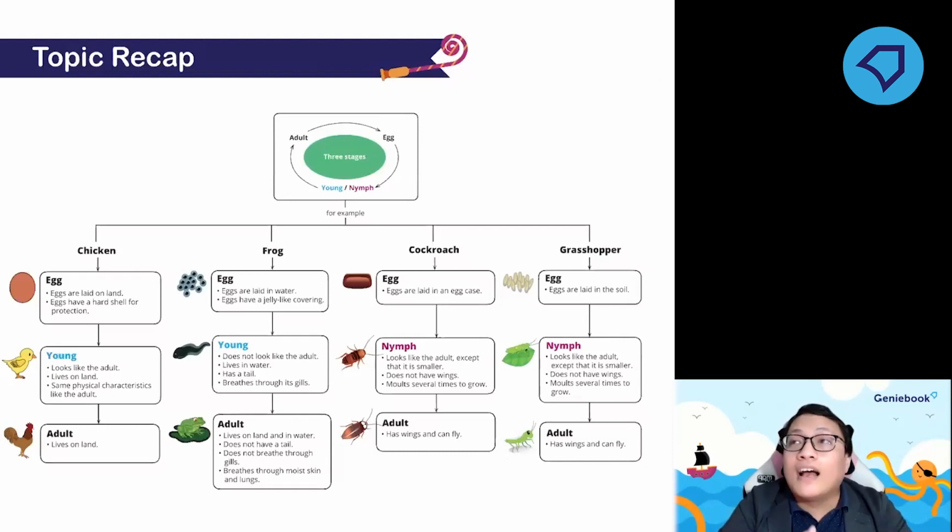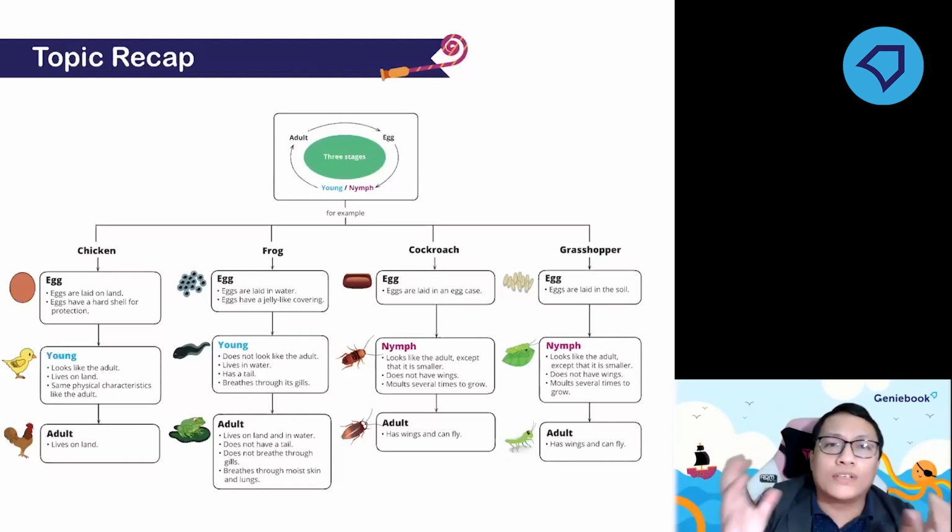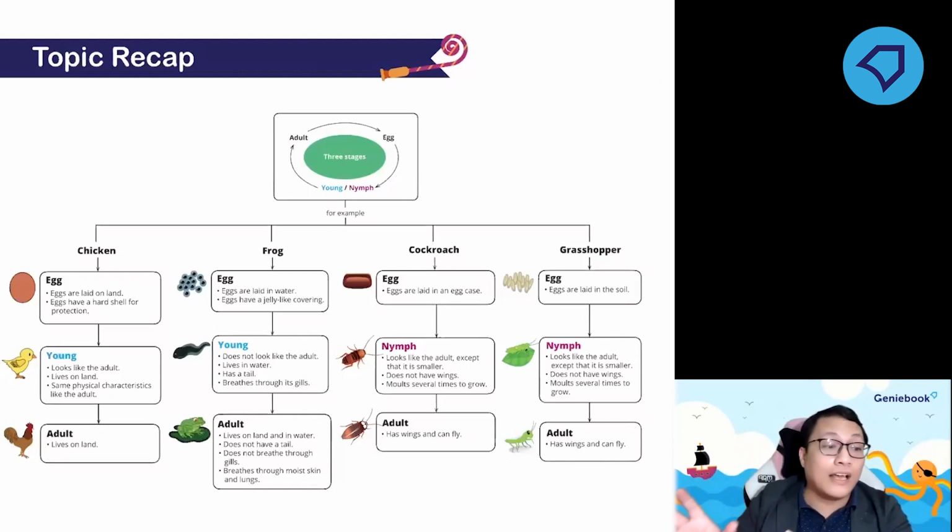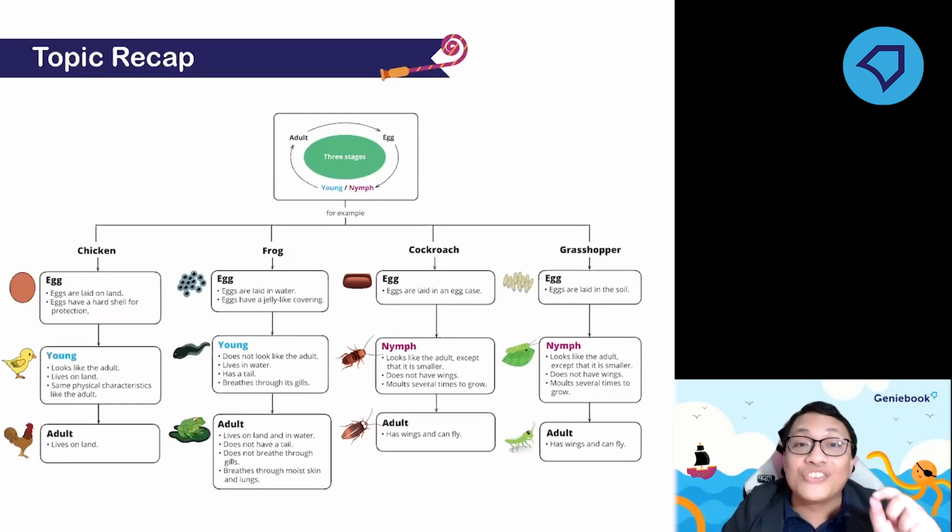But then, how about the looks of the chick? The chick looks like the adult. Can you mention one other characteristic? You mentioned that the adult can reproduce while the chick cannot.